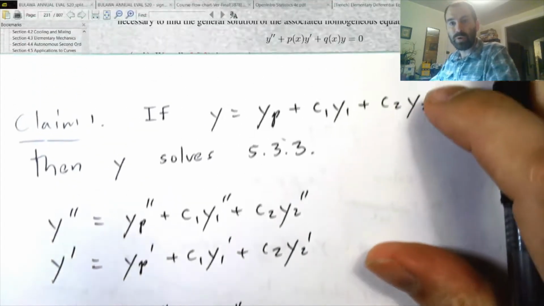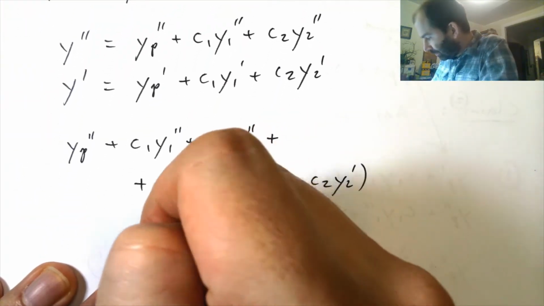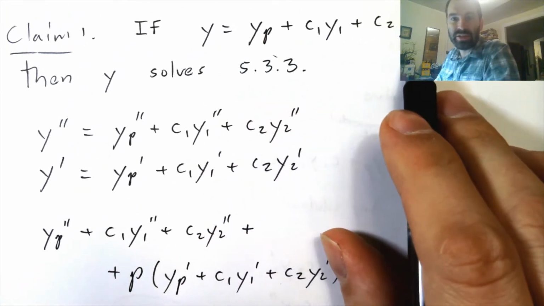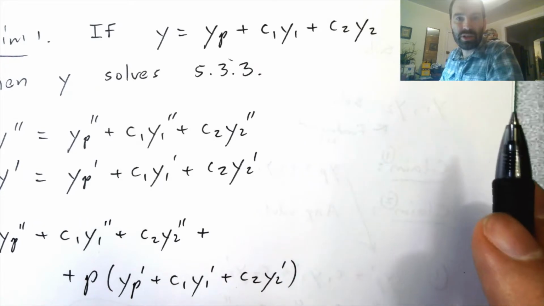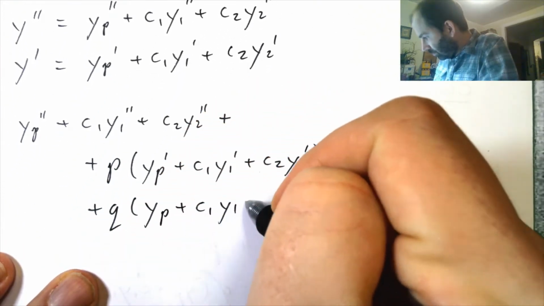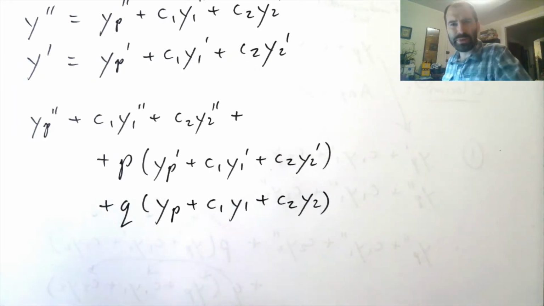What else do we have? Plus q times y. Well, what's y? It's just this stuff, q times that. Now this is all supposed to give me f somehow.